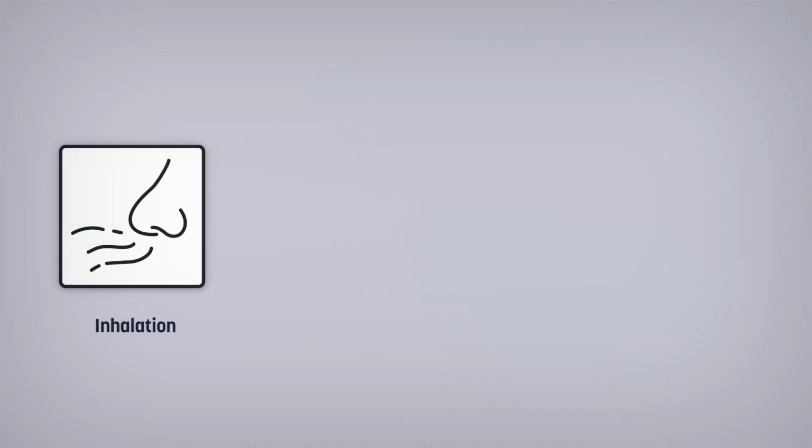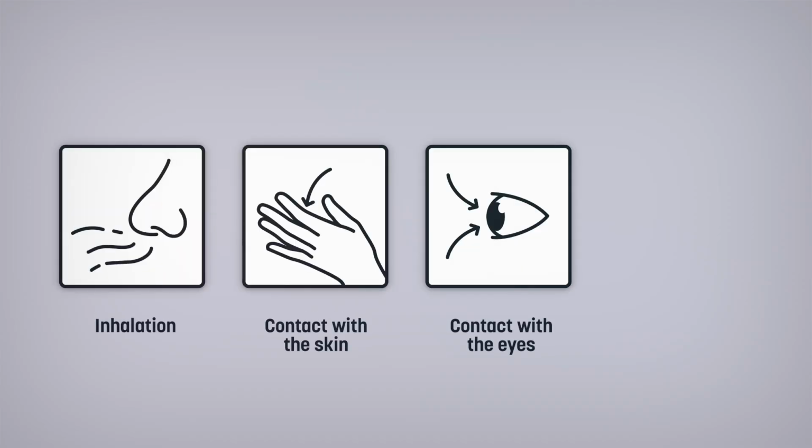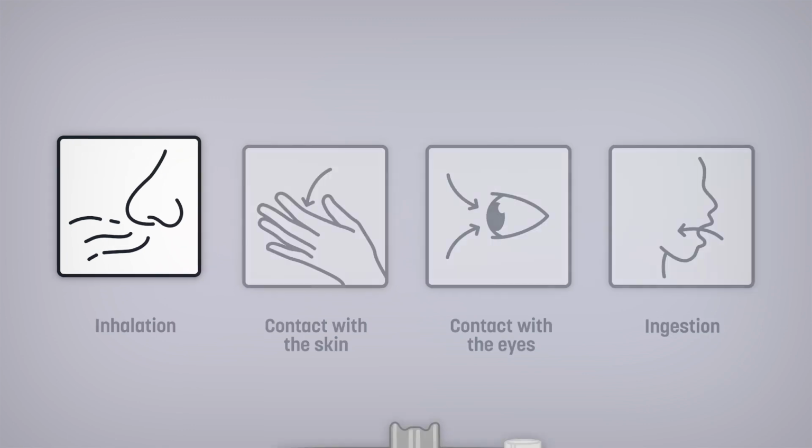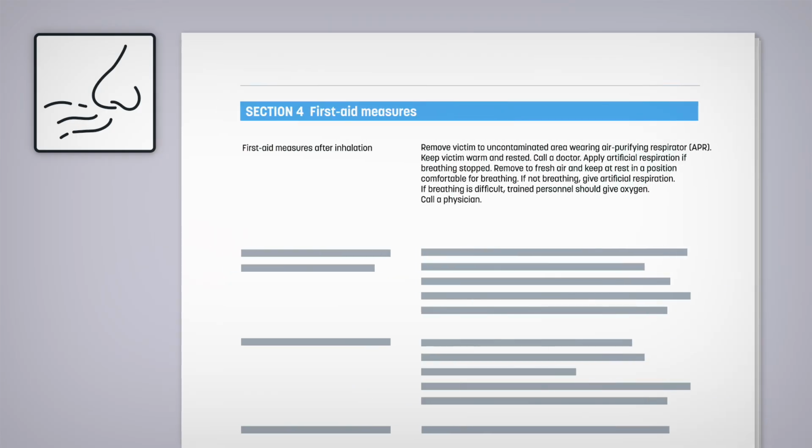Exposure means inhalation, contact with the skin, contact with the eyes, or ingestion. In the event of accidental inhalation of varnish, for example, consult the label or Section 4 of the first aid measures in the SDS. In this situation, the worker should be moved to a non-contaminated area while wearing APR and follow all directions.